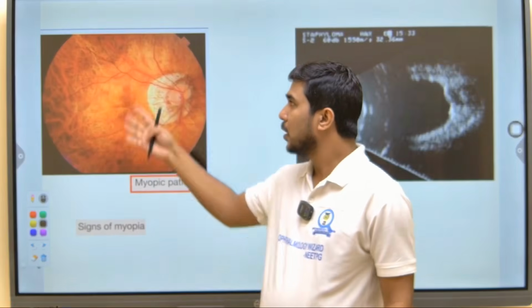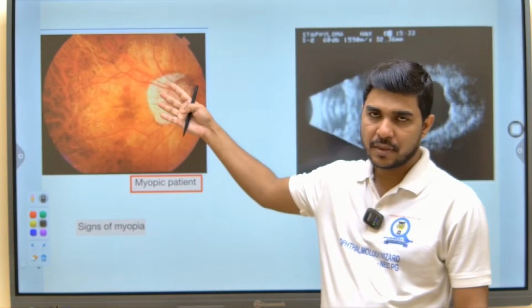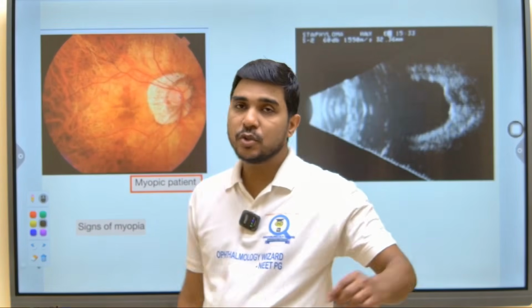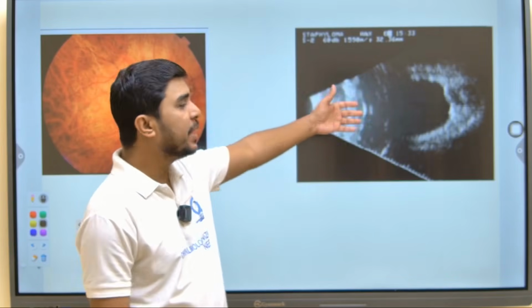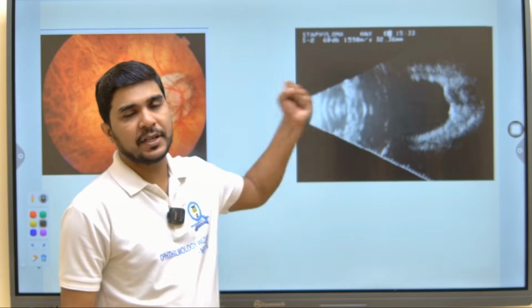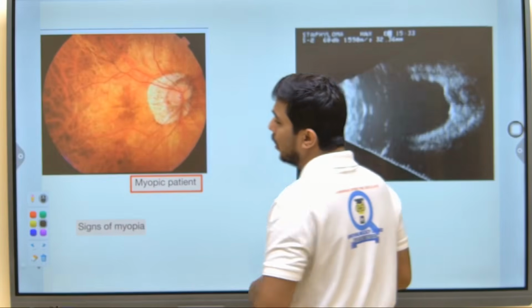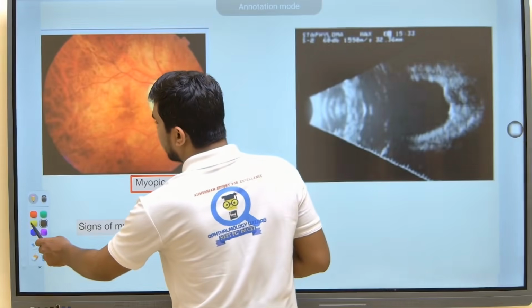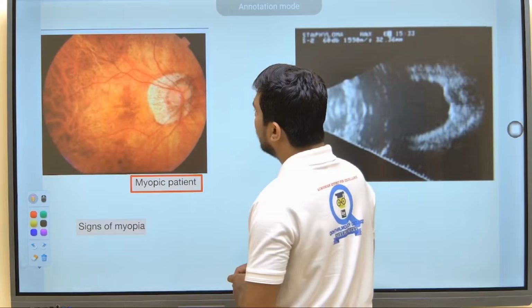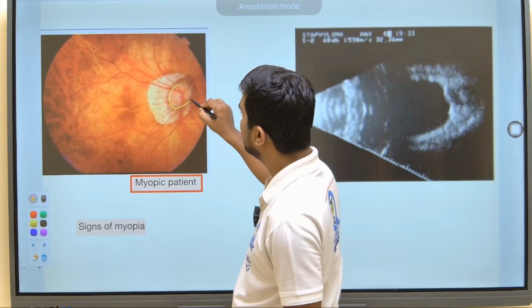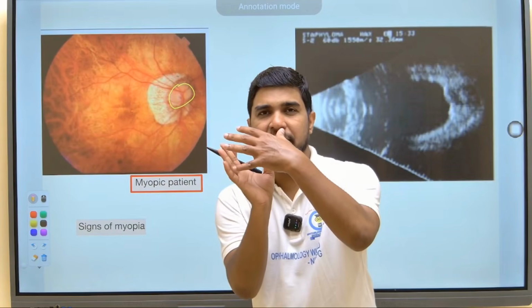Next image. Can you see this fundus image? Okay, and can you see the correlating B scan of the same fundus image? What you can see here? I'm telling you, just see the disc. Disc is like this, somewhat tilted.